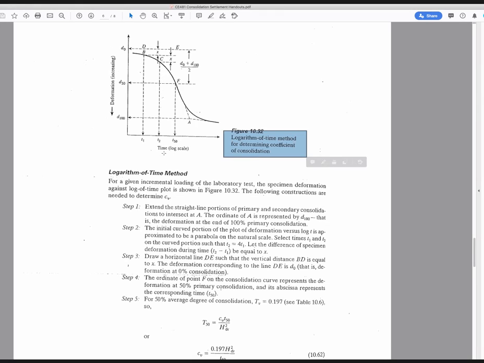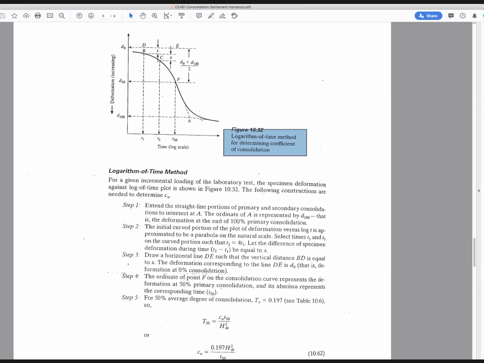In this case you plot your consolidation data on a log scale. This dark curve would be the general shape that you would expect a consolidation increment to look like if you plot it on a log scale. This would be a 24-hour increment.